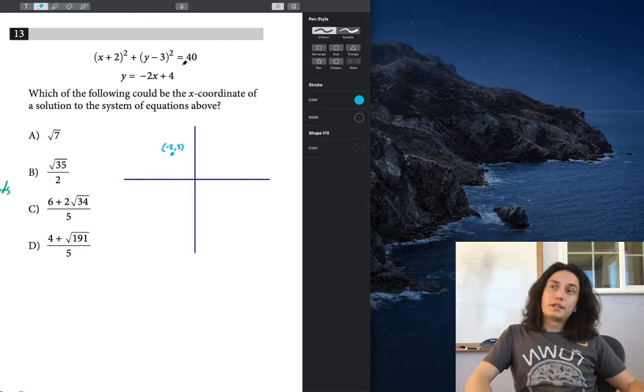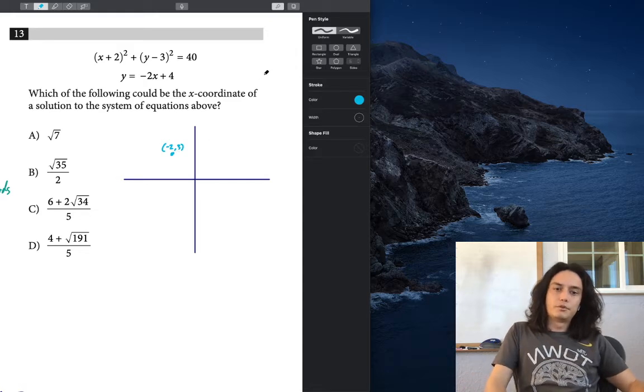And then the radius of the circle, this is r squared. So the radius of our circle is √40, which straight up sucks. What is the square root of 40? I think it's between 6 and 7, because 7 squared is 49 and 6 squared is 36.